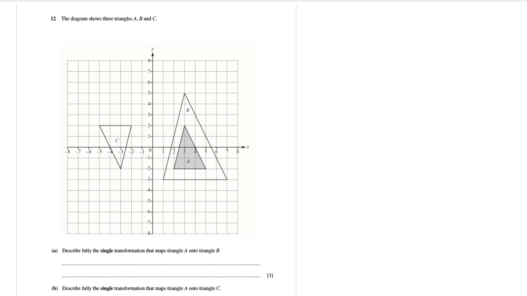Describe the single transformation A onto B. It has to be enlargement. You can see easily it is not tilting or going upside down, so it is not a negative scale factor.